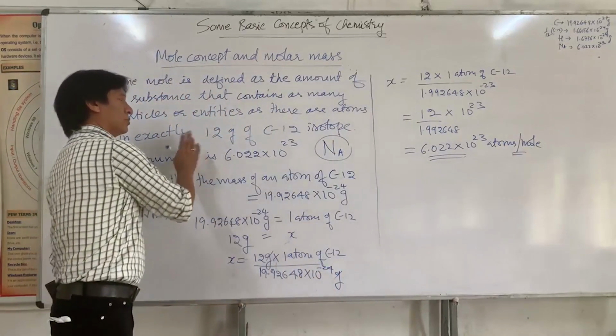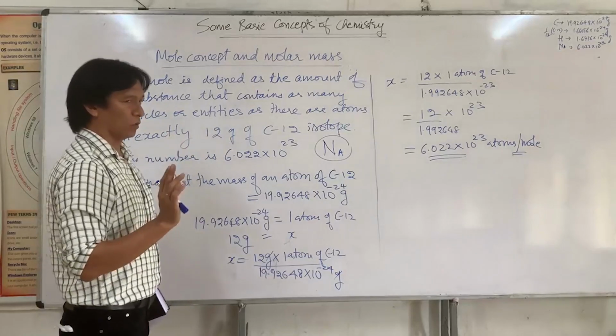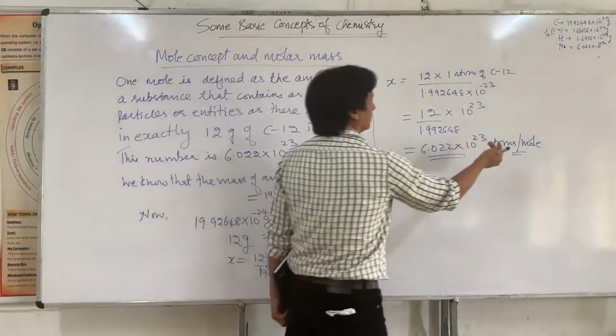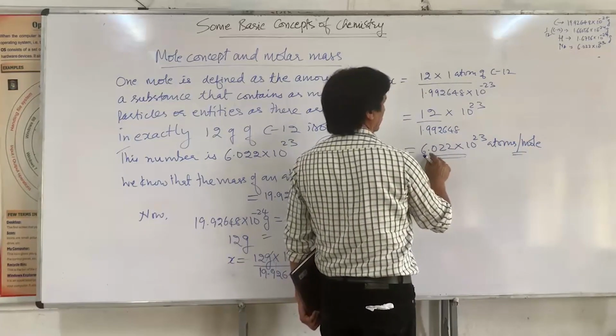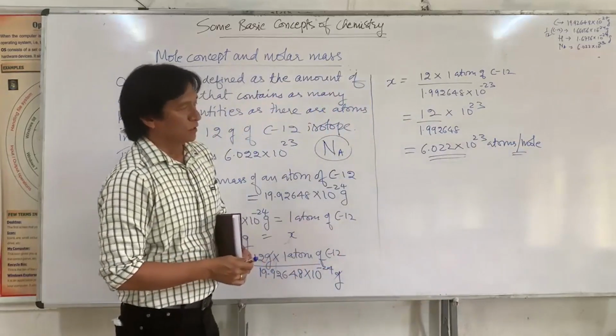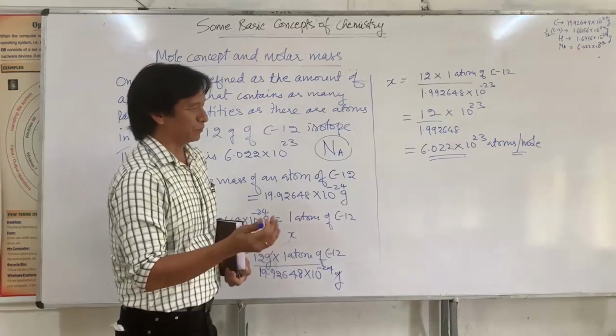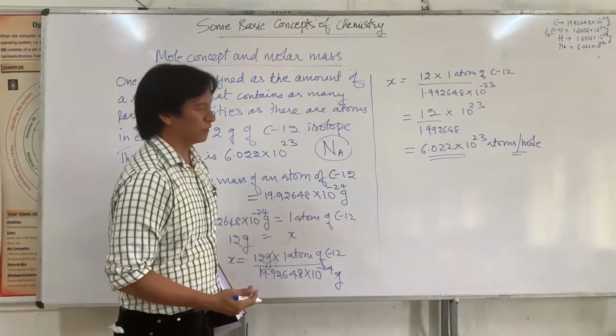Now, 12 grams of carbon is taken as 1 mole. So in 1 mole of carbon, you will have 6.022 × 10^23 atoms of carbon-12. So this is how you get this number. Now, 1 mole of any substance, for that matter.